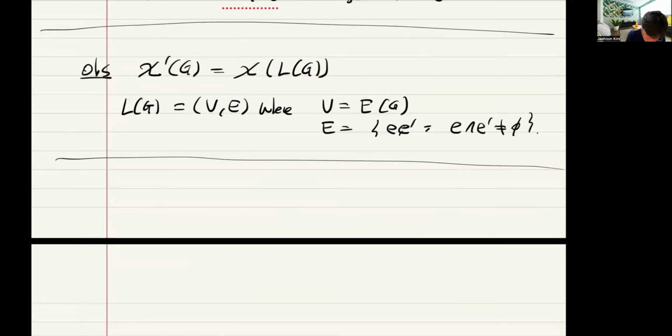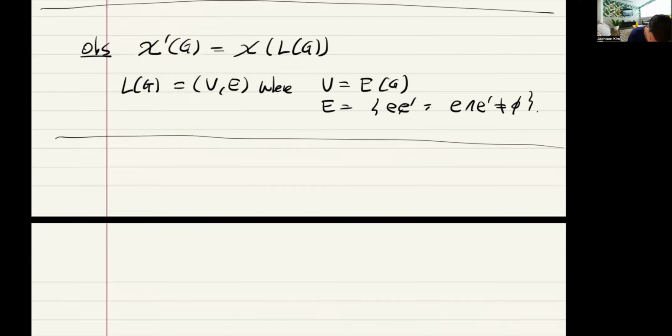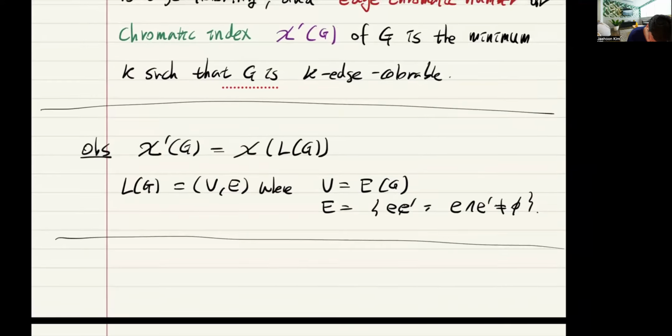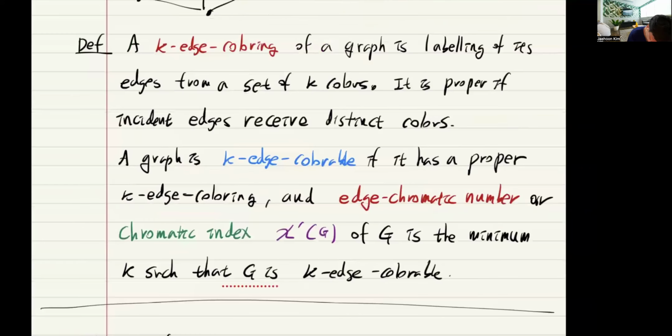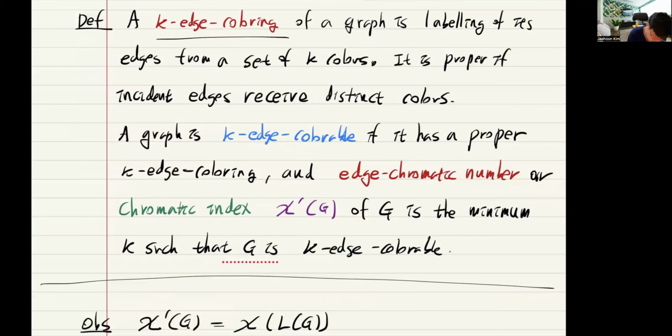Okay, and now we want to apply the most basic algorithm, the greedy coloring algorithm. One more note is that when we consider edge coloring, it makes sense to consider multigraphs in some cases. What I mean is that there are differences between simple graphs and multigraphs.